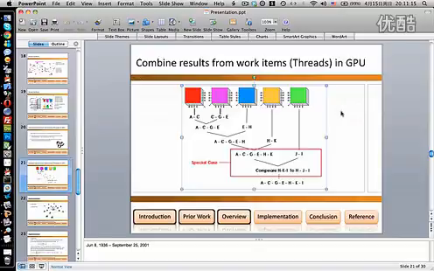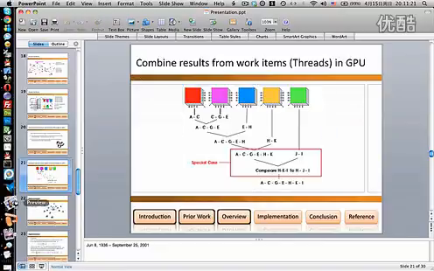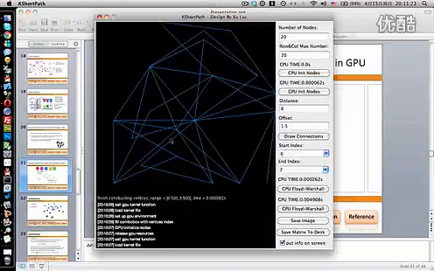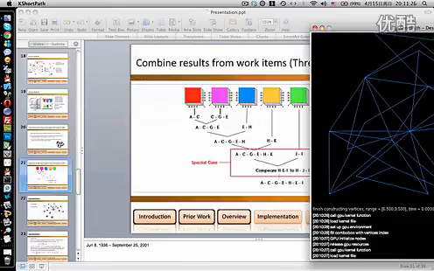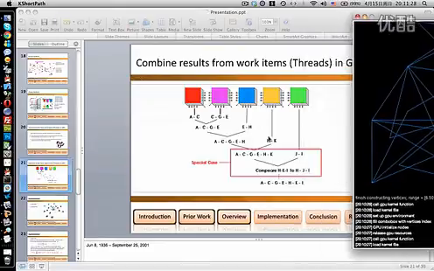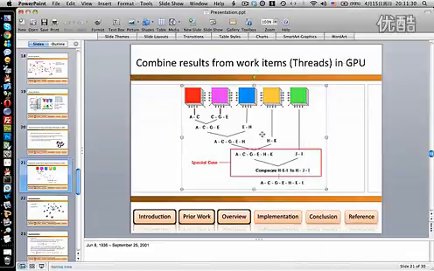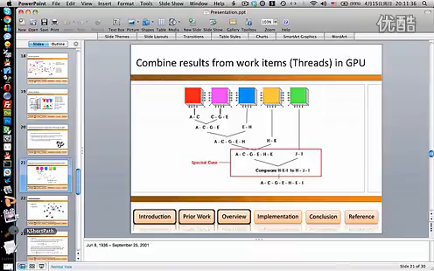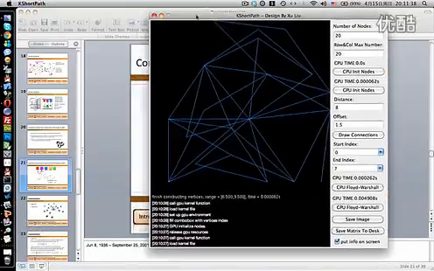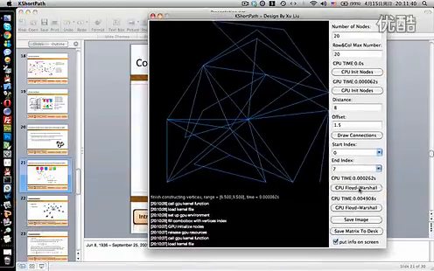Because this is a simple graph, I can easily use it to explain the flow. But in this project, it is very complicated, more than here, so sometimes I find some troubles in this place. Okay, this is what I have done in my final project.